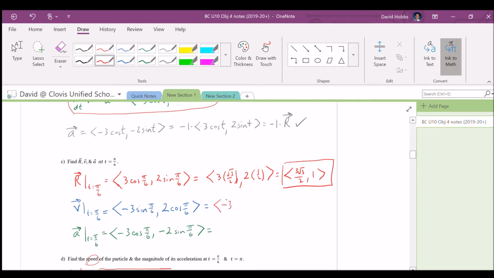Negative 3 times 1/2, 2 times root 3 over 2, which is negative 3/2, comma root 3.